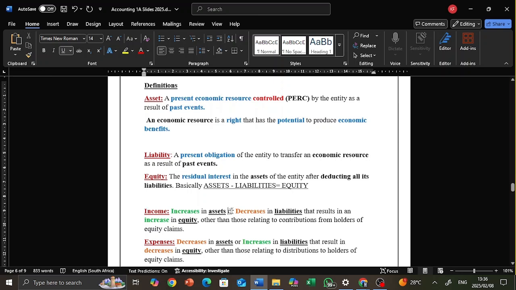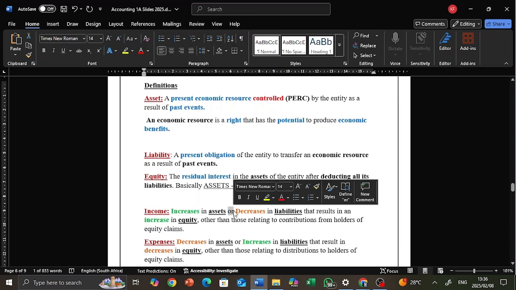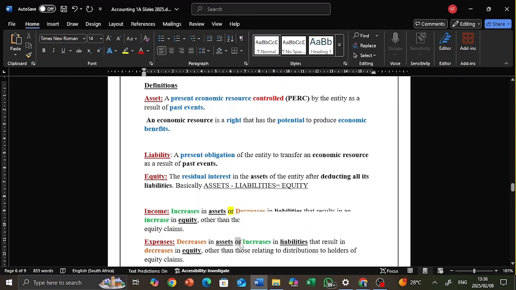So keep equity in your mind when you are learning about the income and expenses definition. You need to keep equity close to your mind.